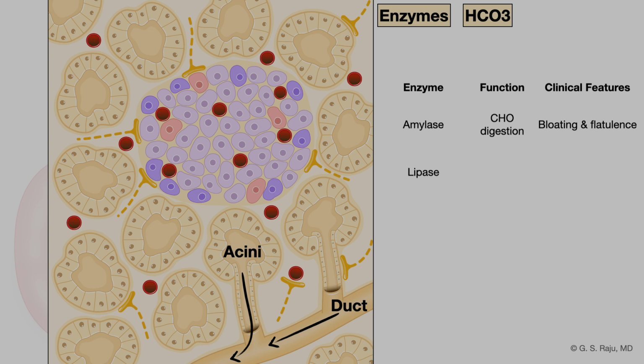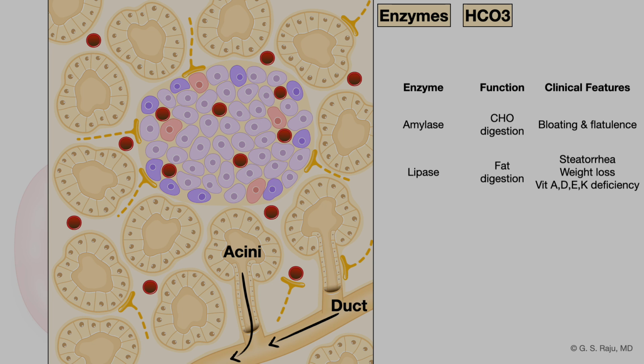Next enzyme is lipase. Lipase is useful for fat digestion. And if the lipase output is not sufficient and the fat digestion is not happening completely, fat can get lost into the stool, and that results in what we call steatorrhea.